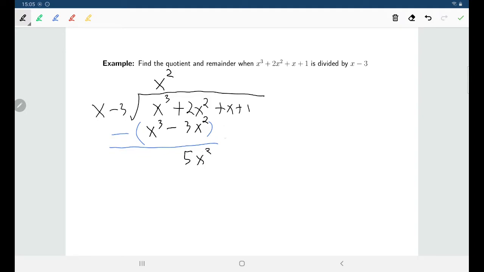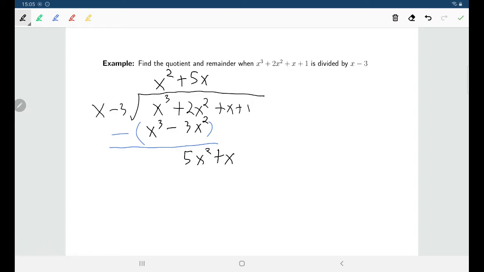And now we bring down the next term, which is the plus x, and we do the same thing again. We ask ourselves, how many times does x go into 5x squared? The answer is 5x times.